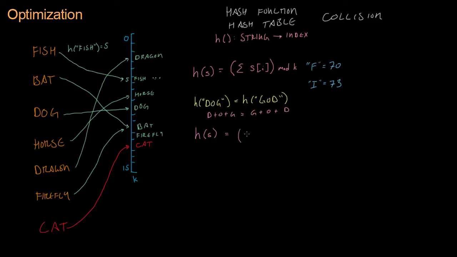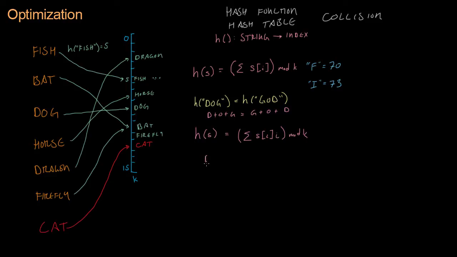So here's what we want to do instead. We're going to do the sum of the letters s sub i, but now we're going to multiply by i, and then we'll put in our mod k. So here's how that will look.